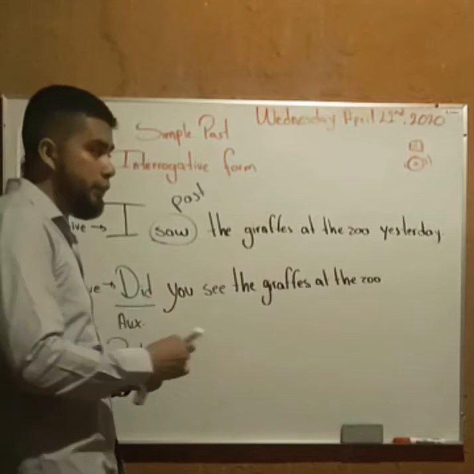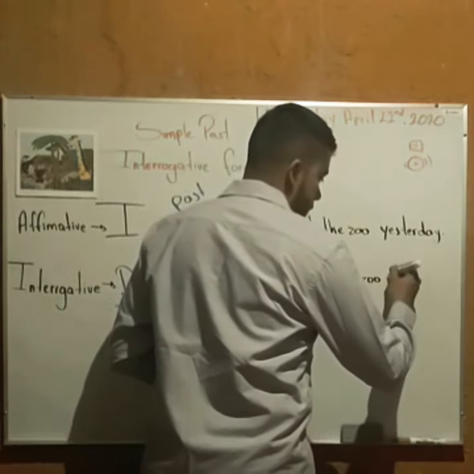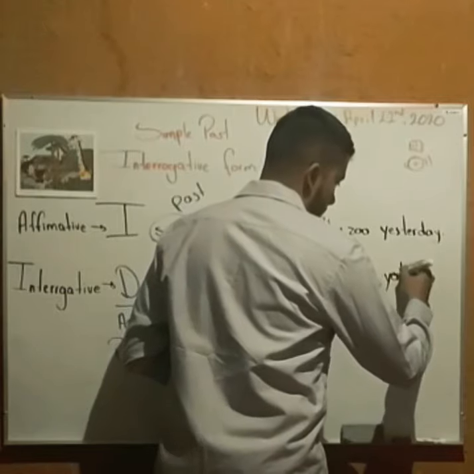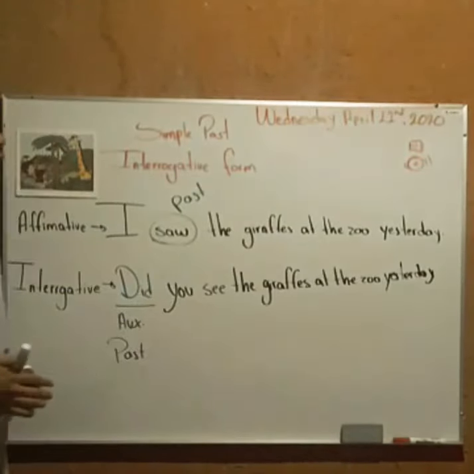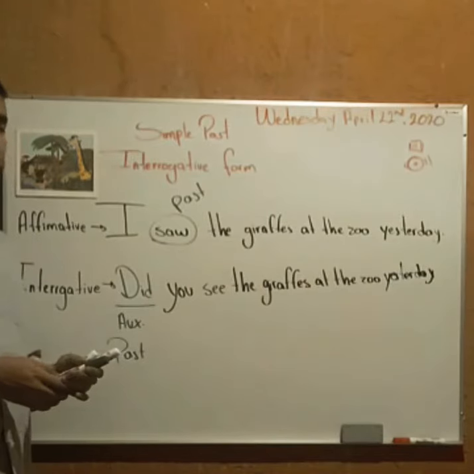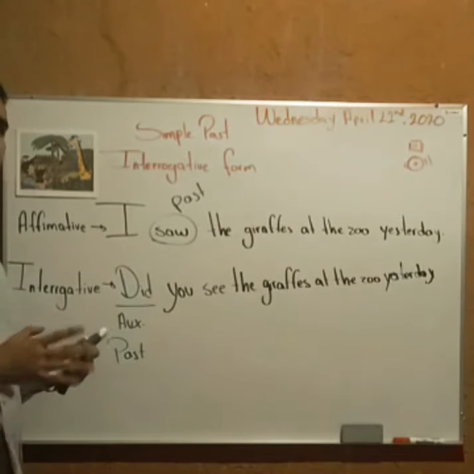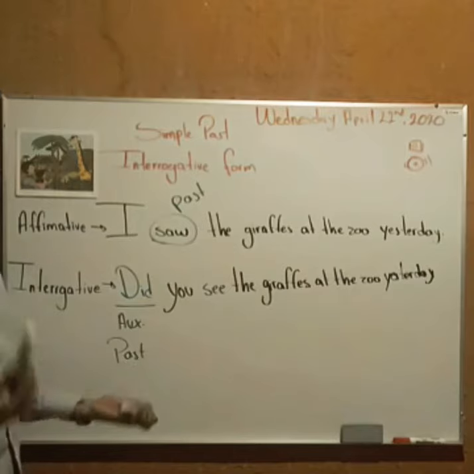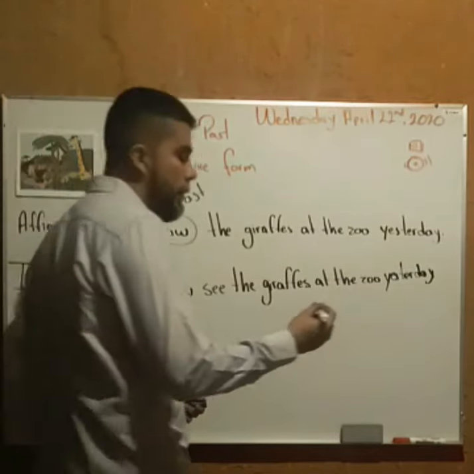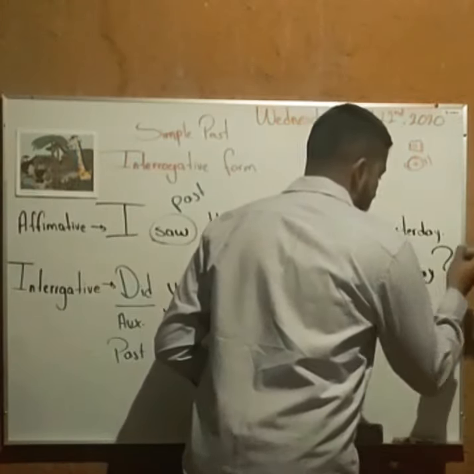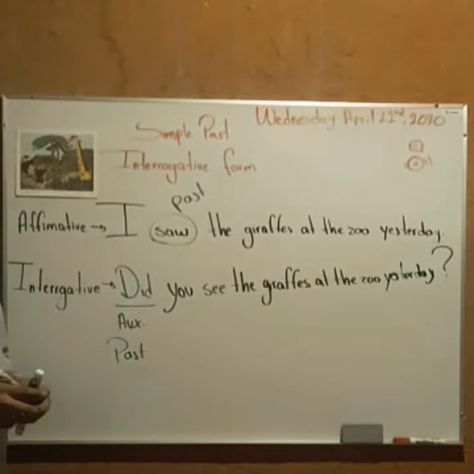You want to be more specific? Time expression. Did you see the giraffes at the zoo yesterday? It's kind of incomplete. Why? Because it's interrogative. So, I need a question mark.